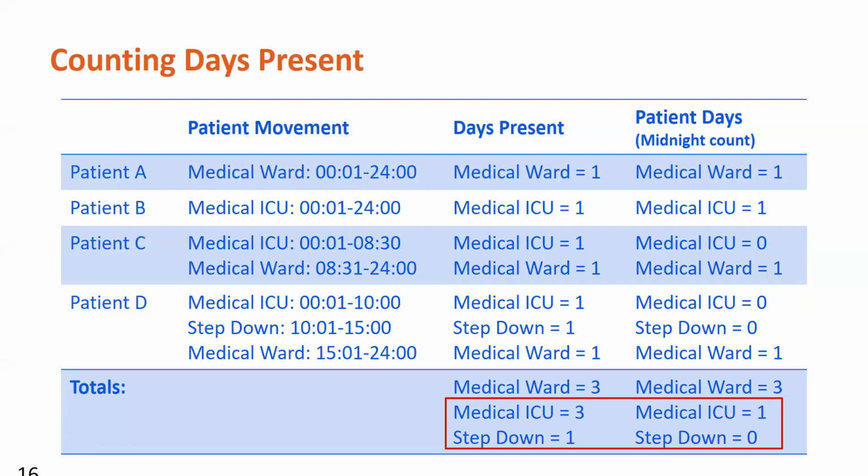So for units that have a lot of transfer in and out, we expect the days present count to be a little bit higher than the patient day counts. But for units where there might be less transfer in and out, like ICUs, for example, those 2 counts might be a little bit closer, but still we would expect the days present to be higher.